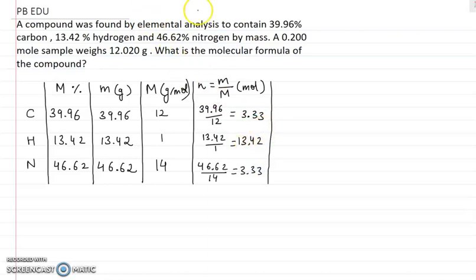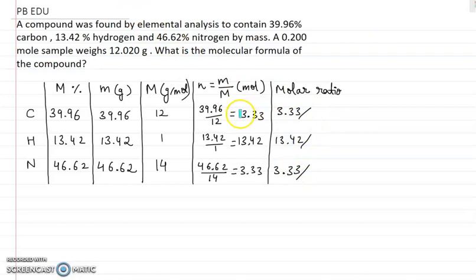Now for determining the molar ratio, we will calculate the ratio of moles. So here we will have the numerator like this, 3.33, 13.42 and 3.33. But what would be the denominator? Denominator would be the lowest number of moles.